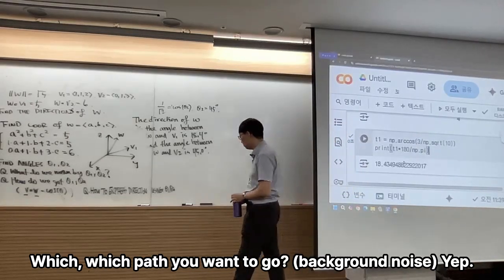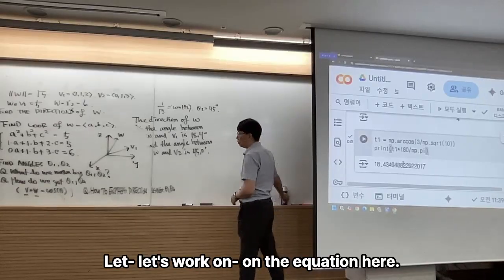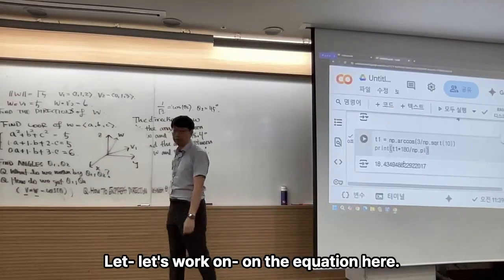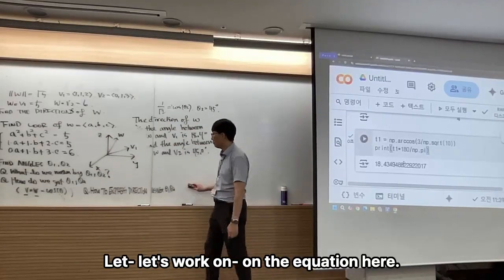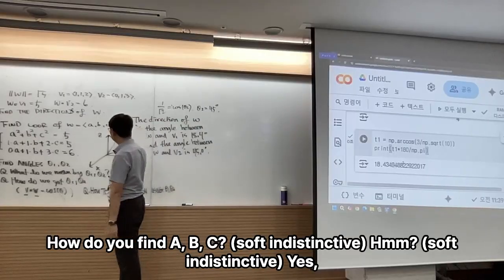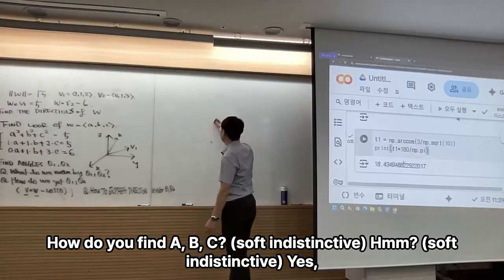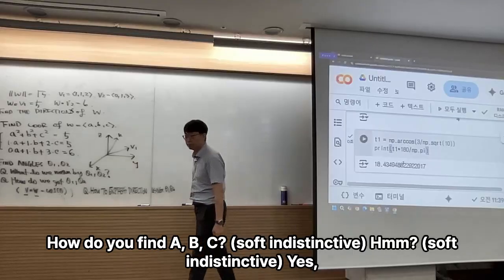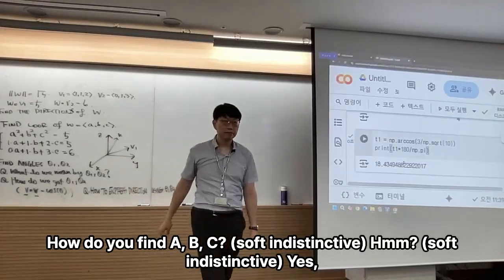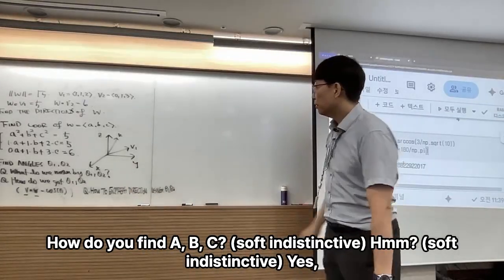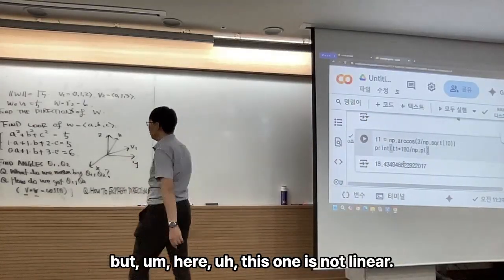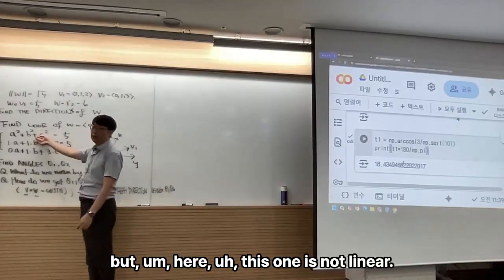All right, let's work on the equation here. How do you find A, B, C? Yes, you can find them, but here this one is not linear.